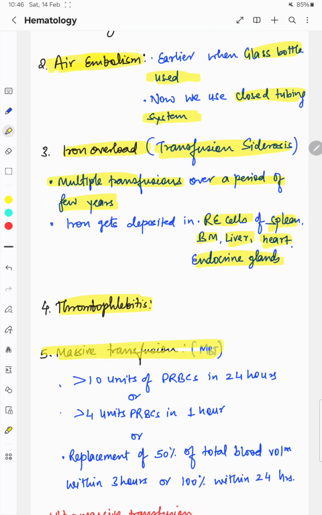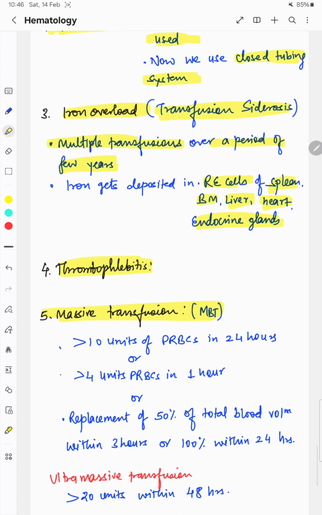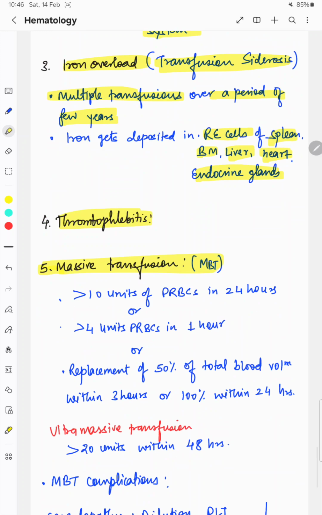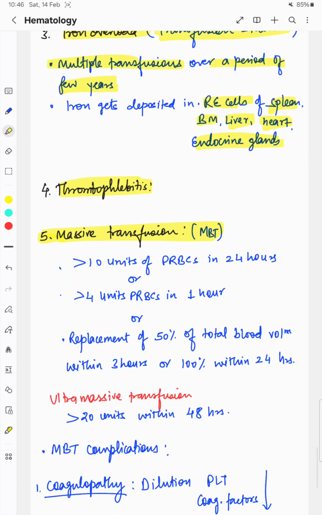Now there is a condition which is known as massive blood transfusion. First we need to understand the definition or criteria of massive blood transfusion. There are many definitions.